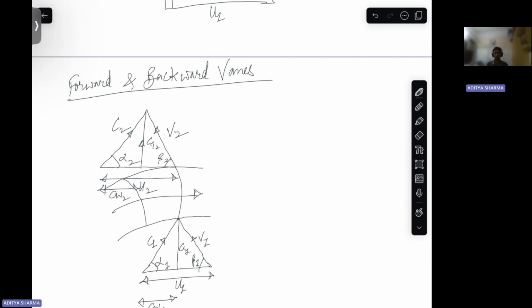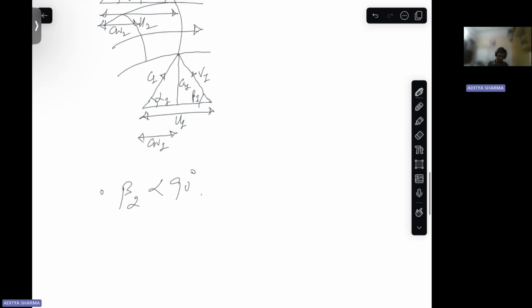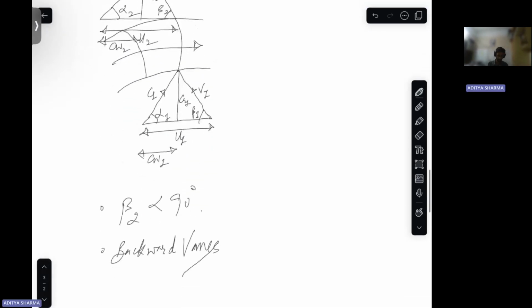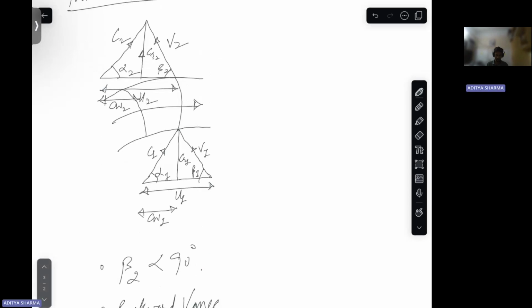So if your beta 2 is less than 90 degrees, in that case, what is it? It's a backward type of vane. Backward vanes have been used in the impeller. Right?